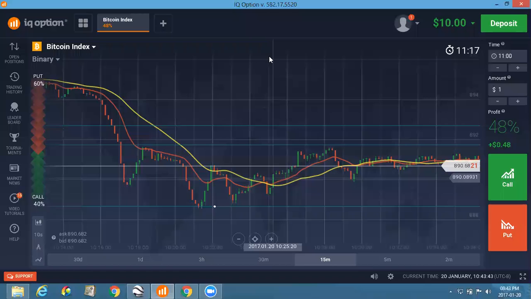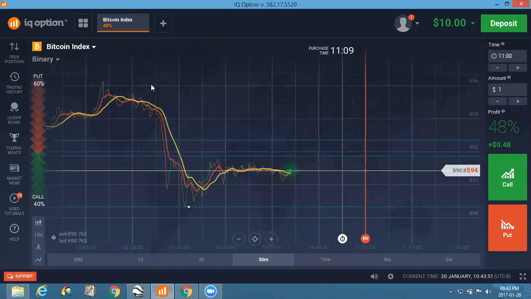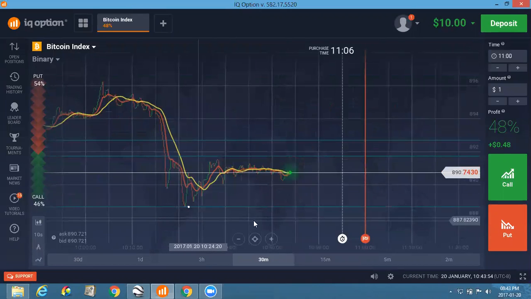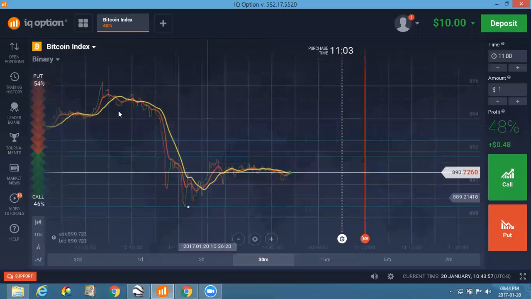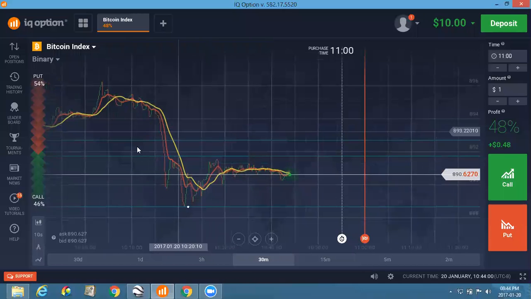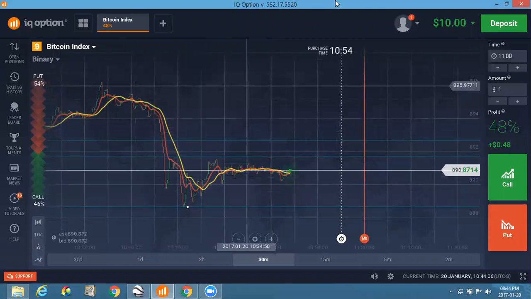So this brings me to my 4 steps. By the way, guys, you only need to know 4 steps. This strategy is based on 4 steps. The first step is what we call a crossover. When the EMA is below the SMA and we're looking for sells, for us to start looking for buys, we have to see the EMA crossing over to the top, from below to the top.